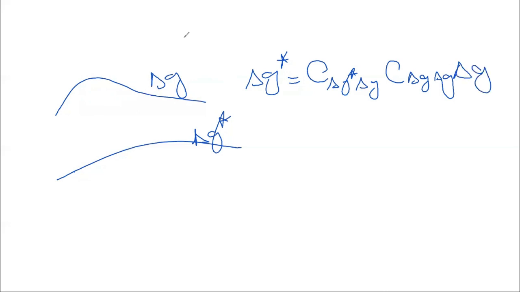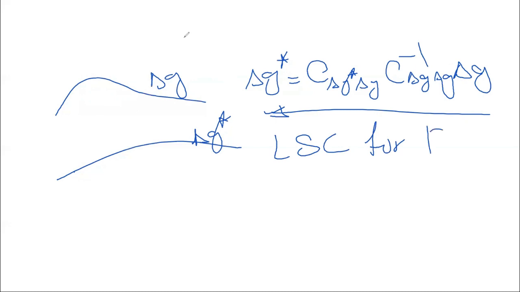Then you can use least square collocation for downward continuation. So downward continuation again means to bring the data from outside the Earth to the boundary, which is actually the sphere.